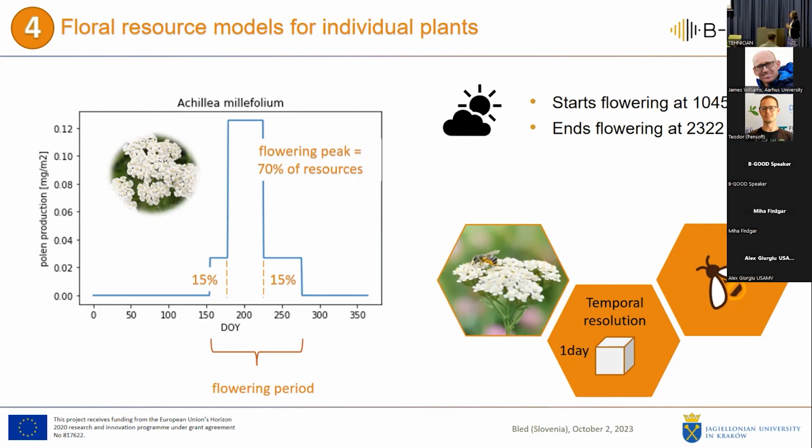So the time of flowering in our models is driven for now only by temperature, and when the plant has reached a certain sum of degree days, so a specific number of degree days is accumulated, the plant starts flowering, and this curve can be adapted to the current temperature conditions. And as I said, the temporal resolution of this is 1 day.